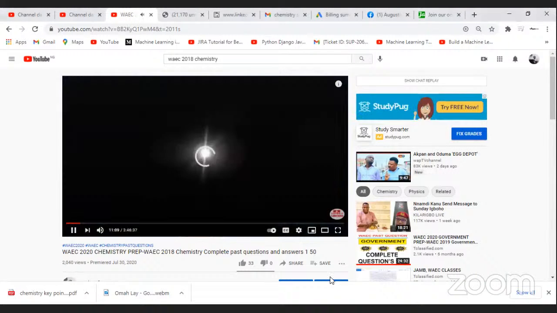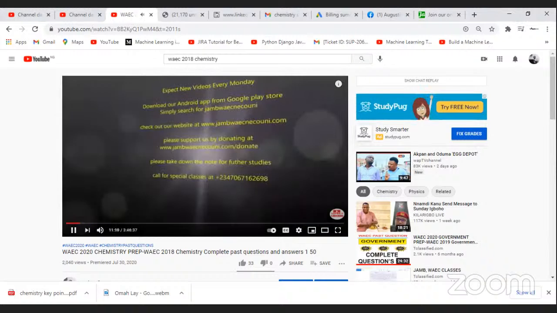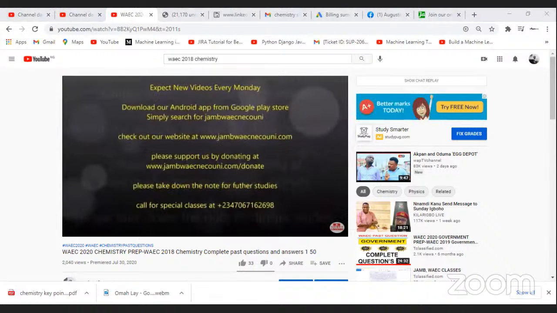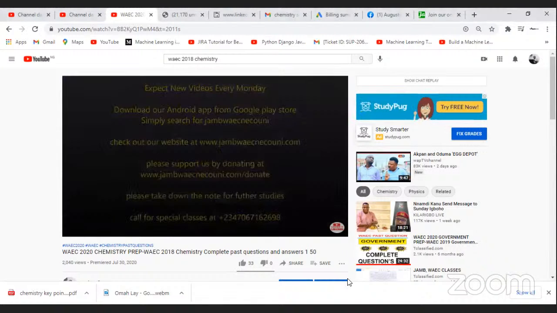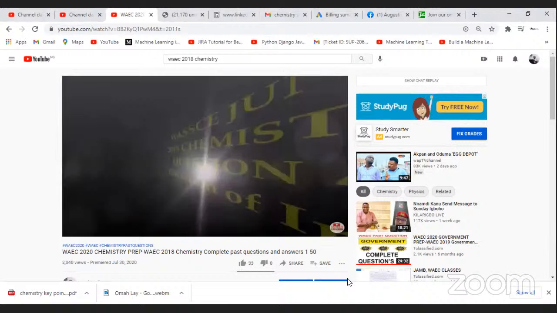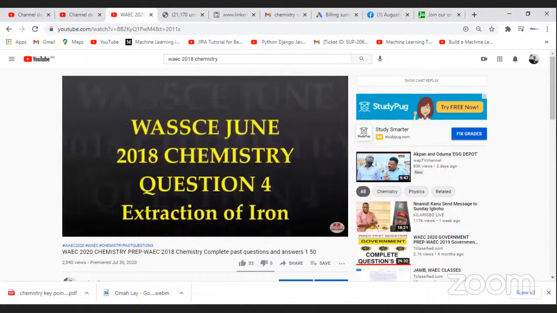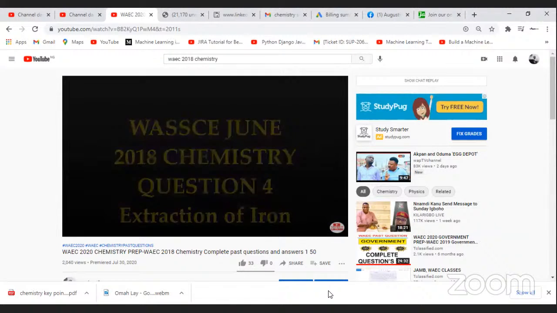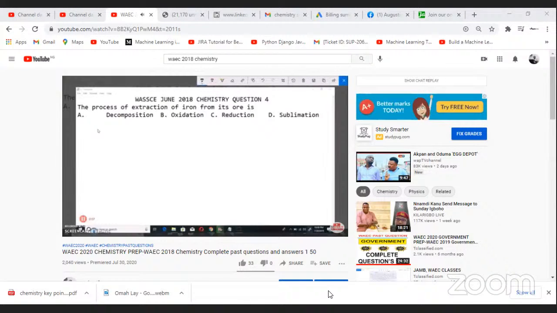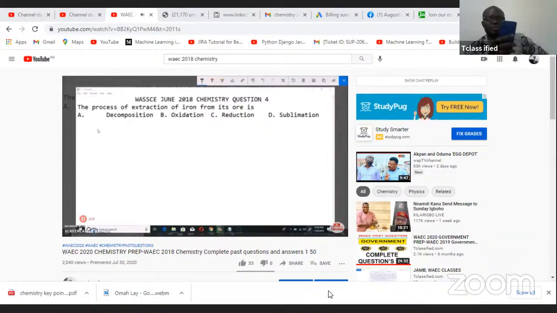Number 6 says an acidic salt has A, double ions in its aqueous solution, B, a single cation in its aqueous solution, C, hydrogen ions in its aqueous solution, D, hydrogen atoms in its aqueous solution. So which is the answer and why?